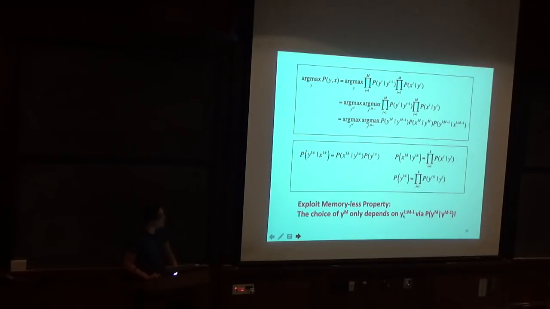If we somehow figured out what we need to know for the first m minus 1 y's, we don't need to look at the previous x's. We only need to look at x_m and P of y_m given y_{m-1}. Those are the only two things we need to look at to figure out the answer for y_m. That's the memoryless property of hidden Markov models at work, and we're going to exploit that.